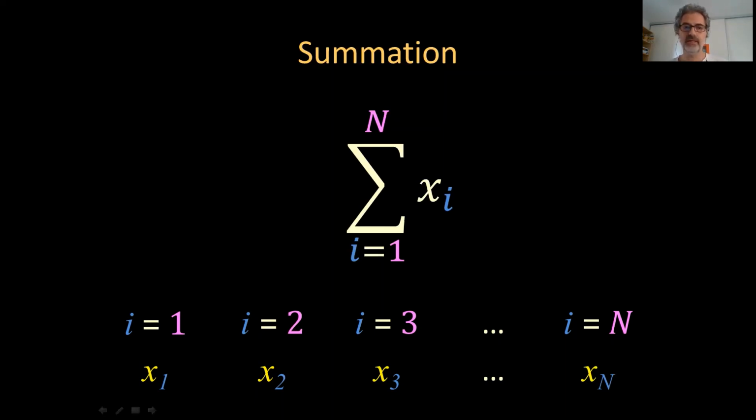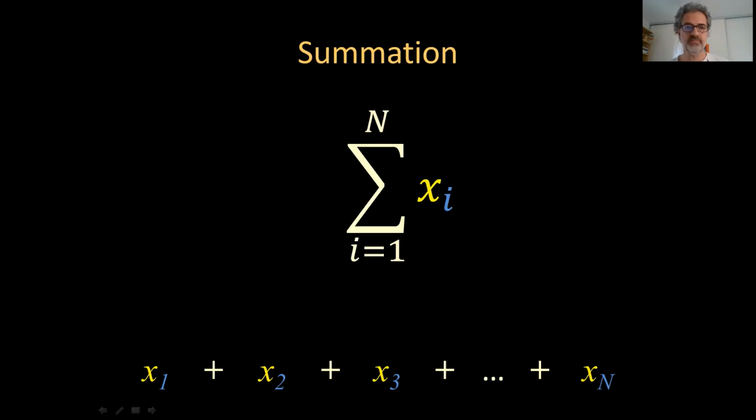And we're not done yet because we haven't yet used the summation. So we actually have to add these. What this means is that this whole thing is exactly the same as this. We use this as a shorthand instead of writing all of these.